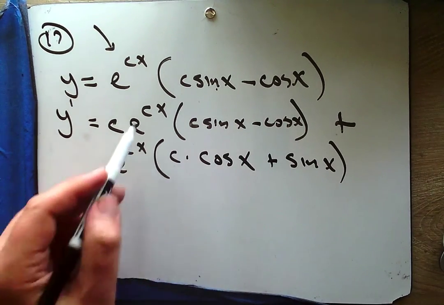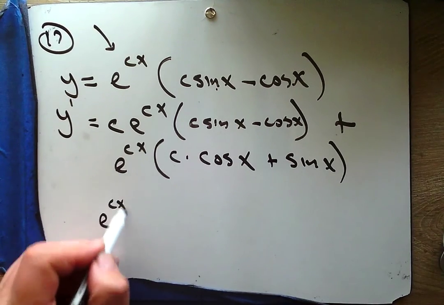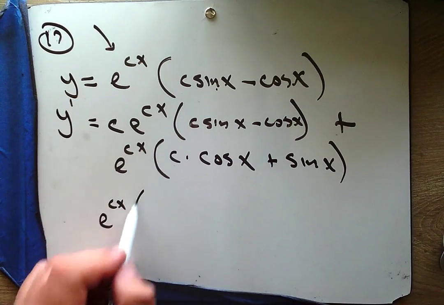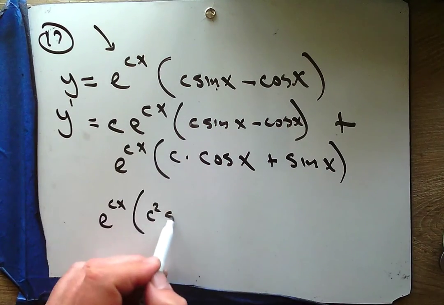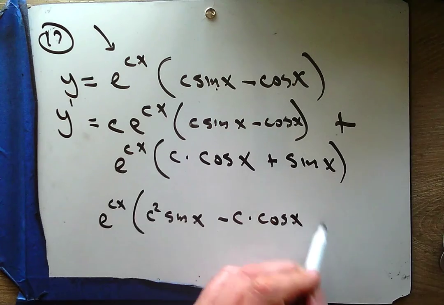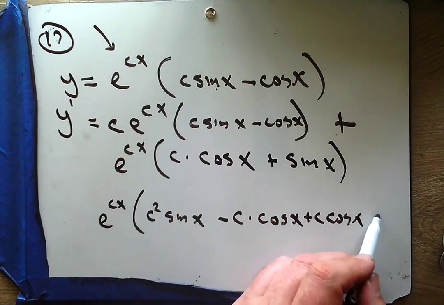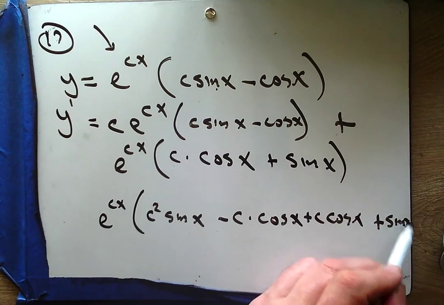I kind of want to factor this out and see where this goes. Sorry, I am going to go there. This will be c squared sine x minus c cosine x plus c cosine x plus sine x.